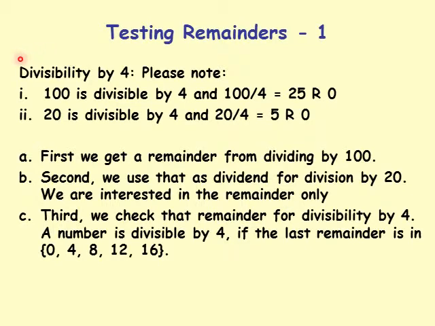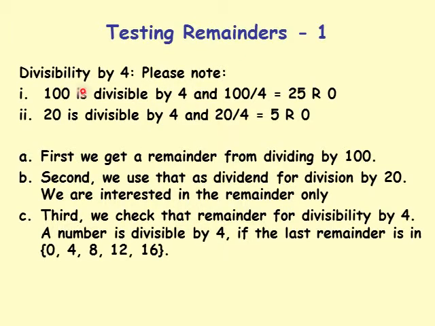The mechanism here is to subtract multiples of the divisor, as many multiples as I can, and arrive at a remainder, and see if the number we finally arrive at is divisible by 4.